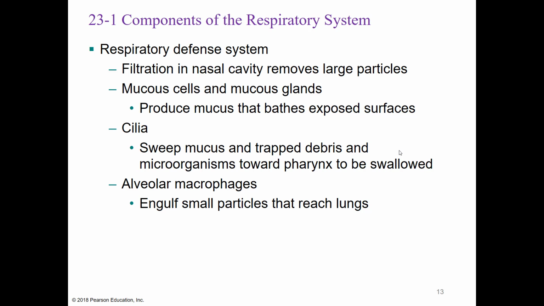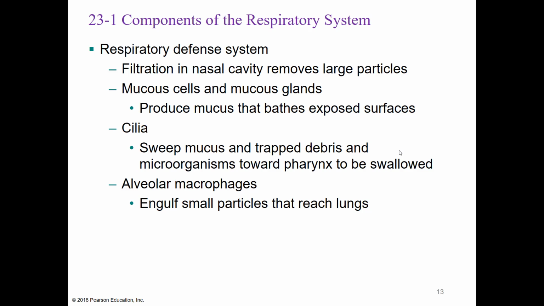So when we breathe, the air has to go through the nose hairs, which can trap some particles, and then into the mucus of the nasal cavity, which, because of its stickier nature, can also trap some large particles. And if any of the particles get past the nasal cavity, they can get caught in the mucus in the pharynx or larynx, and then the cilia can sweep the mucus up towards the pharynx to be swallowed.